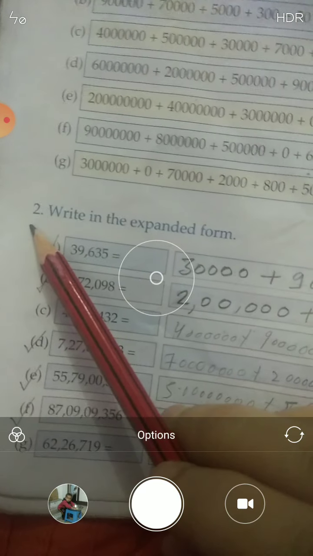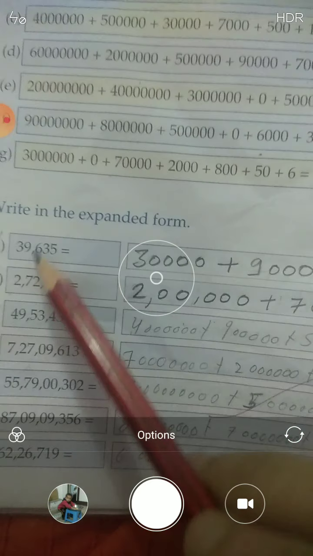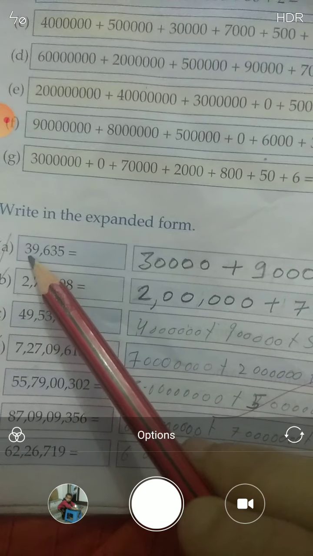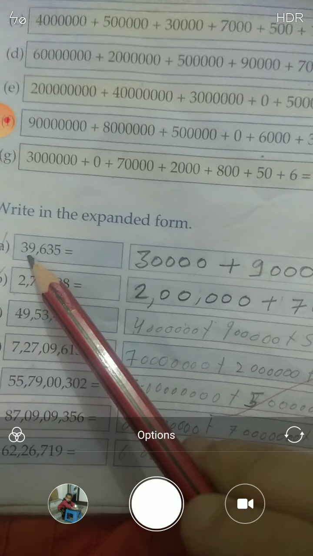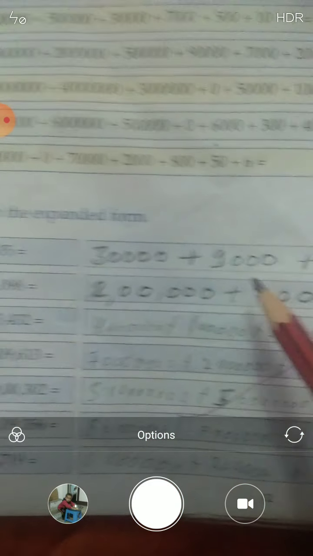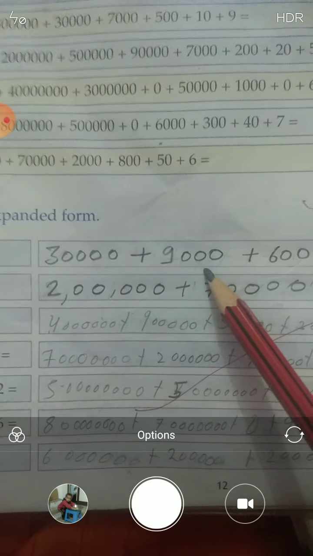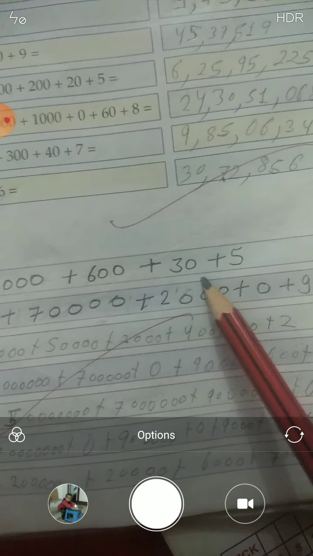Come to question number 2. Write in the expanded form. The short form is given. How will you write this? This short form is 39,635. First we will write 30,000, then 9,000 plus 600 plus 30 plus 5.